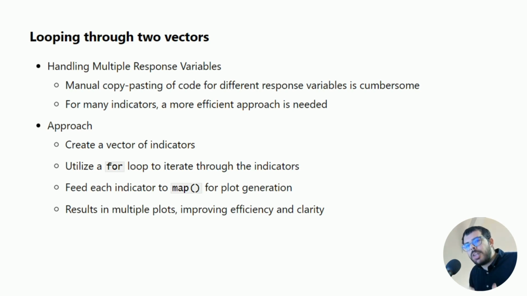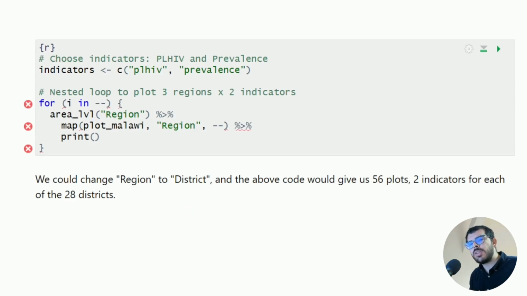I know it's quite confusing in the beginning, but it's quite straightforward. We can start off by automatizing plotting at the regional level for 2 indicators, for example. In our case, it's the PLHIV and the prevalence indicators, and we can do that with our nested loop.